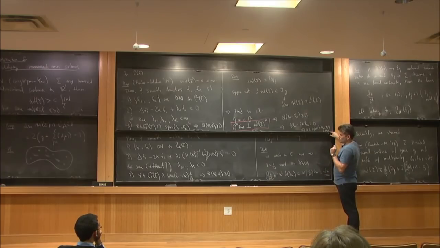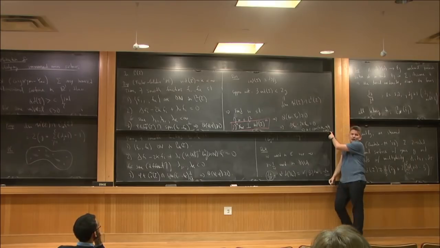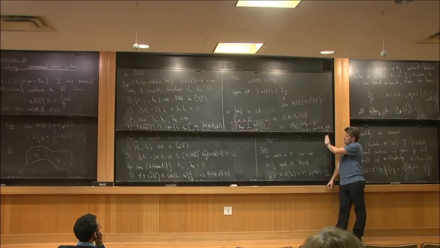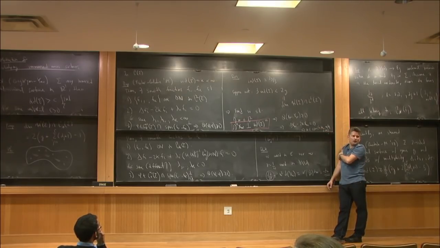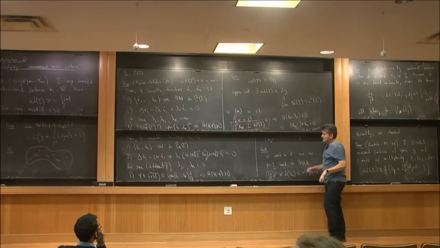Now, in Ross' case, because he was working in L2, he gets a contradiction right here. This function, this one form, they cannot be in L2. In our case, what do we do?